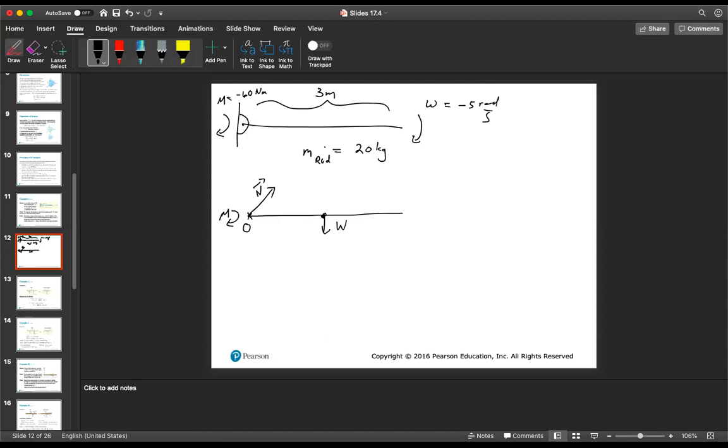Oh, one other thing I want to say. This point at the center of mass follows a circular path.